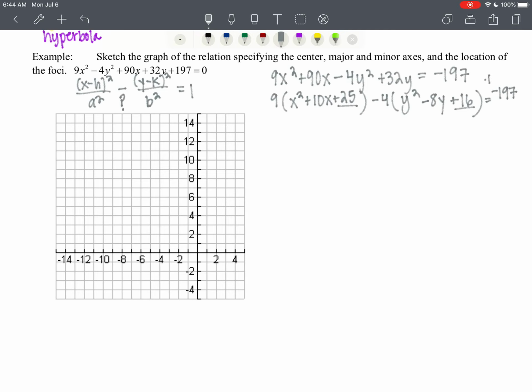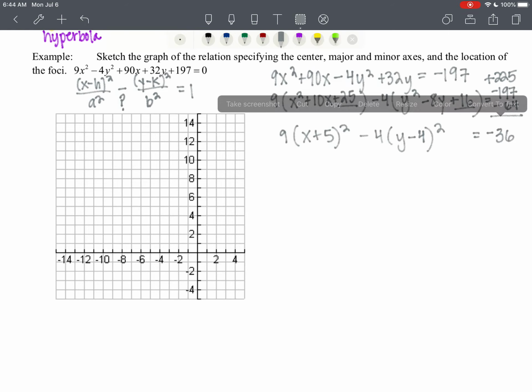We added 225, but then we subtracted 64. So you can see positive 225 minus 197 minus 64 is going to give us a negative number. That's negative 36. So 9 times the quantity x plus 5 squared minus 4 times the quantity y minus 4 squared equals negative 36.